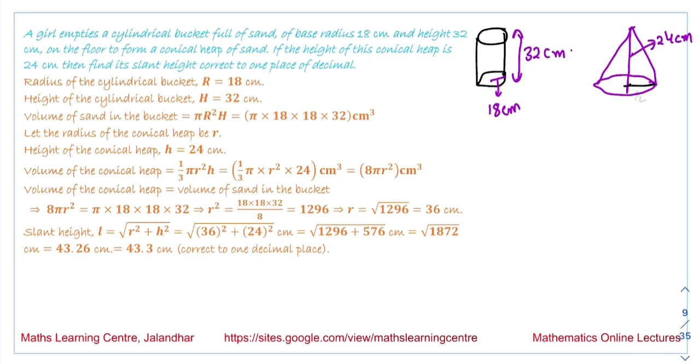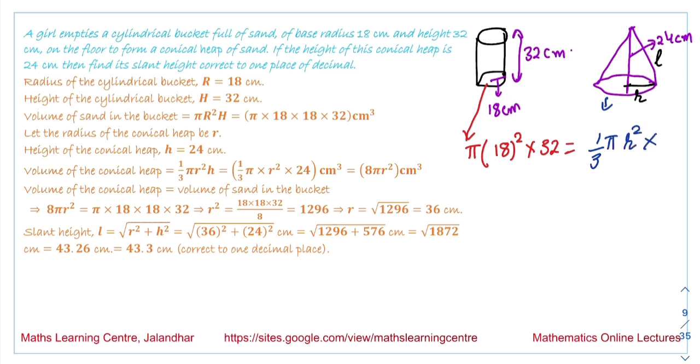Suppose the radius is r and the slant height is L. So the volume of this cylinder is equal to pi r square, means pi into 18 square, into h, which is 32, and the volume of this cone will be 1 by 3 pi r square into height, which is 24, since the radius is not known to us.